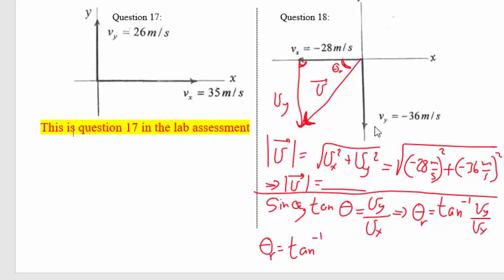Tangent inverse of v sub y, which is 36, and you don't need to include the signs here because we know we are going to add 180 anyway, so you don't have to worry about including the signs. There is nothing wrong, you can include the signs, but it will not make a difference here. So go ahead and go with 36 for the y component, over v sub x, which is 28. So it's tangent inverse of 36 over 28.